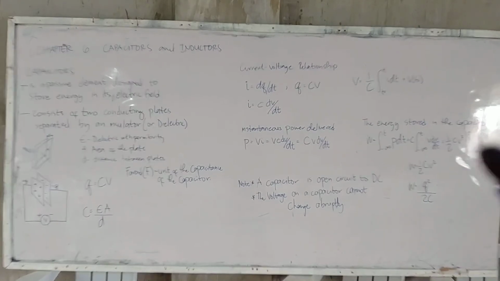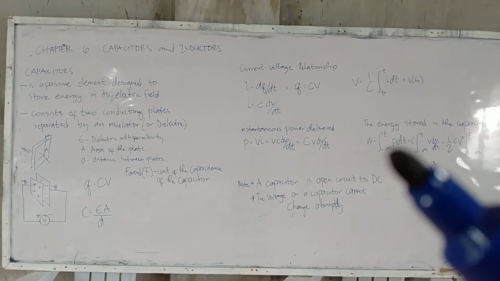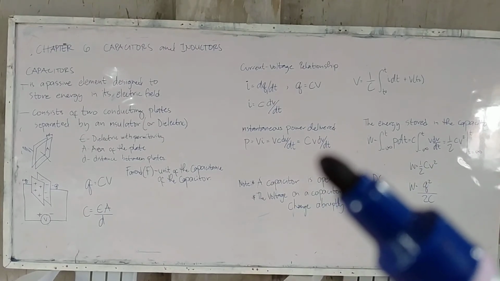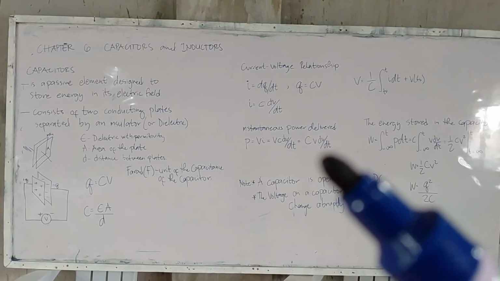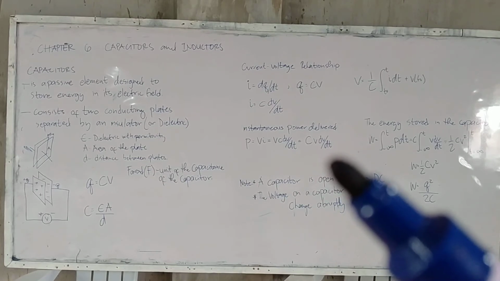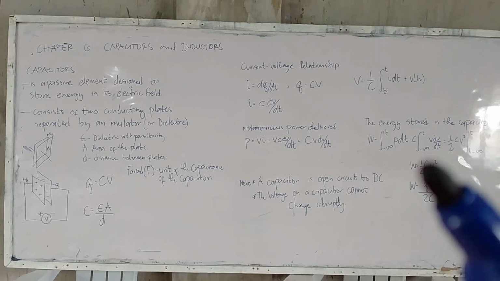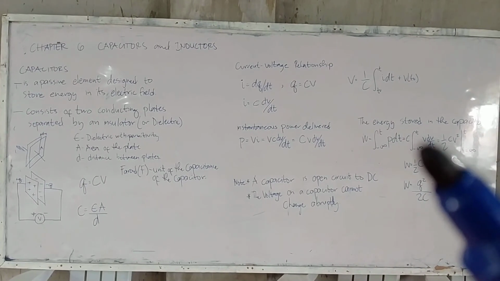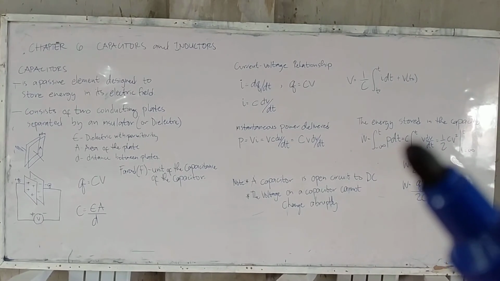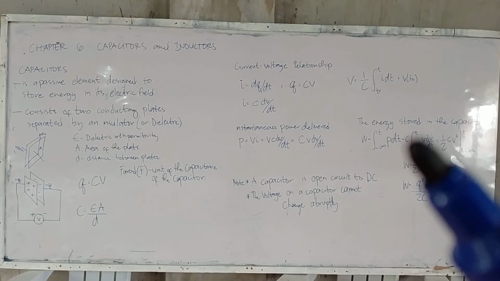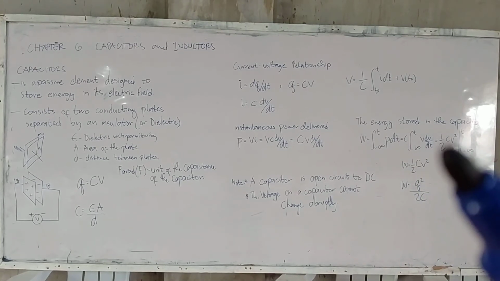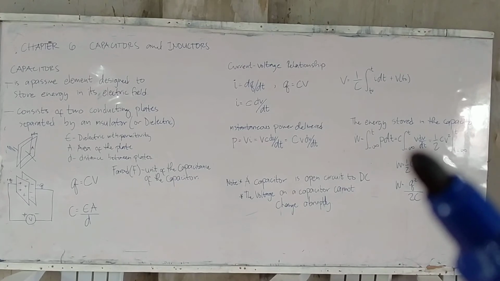Our p is Cv dv over dt, so the power is replaced by our equation. Rearranging, we take out the C because the value of C is constant, and we have v dv over dt, so we integrate.